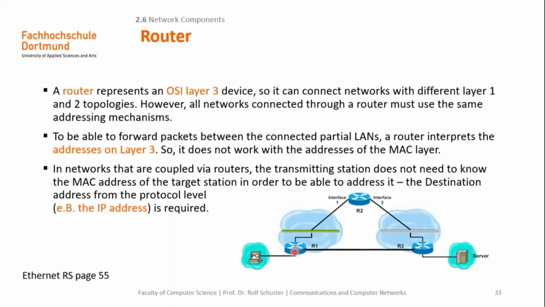Another difference is that the end systems, in order to exchange IP datagrams or IP packets from one end to the other end, only need to know the IP address, that is different from the MAC address of the end systems.